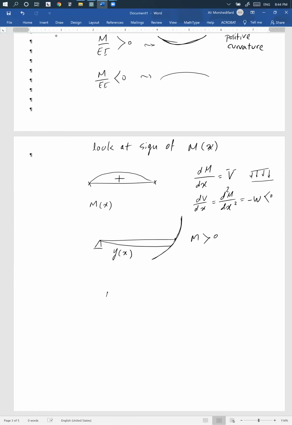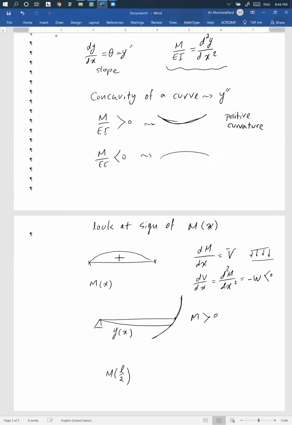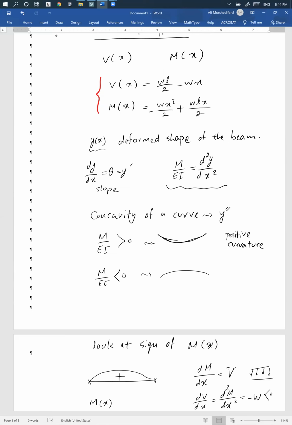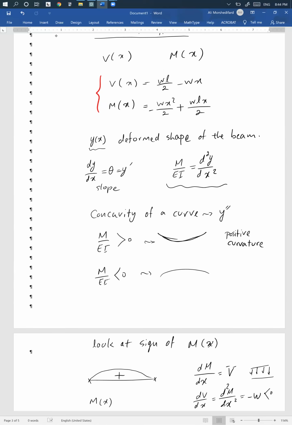You can calculate M at L over 2. Let's do it. This is my moment equation. M at L over 2 is negative WL squared over 8 plus WL squared over 4. You see, the second term is bigger than the first, so it's positive.